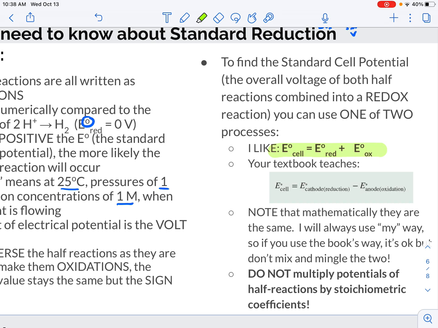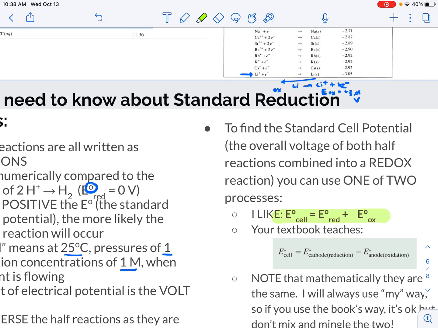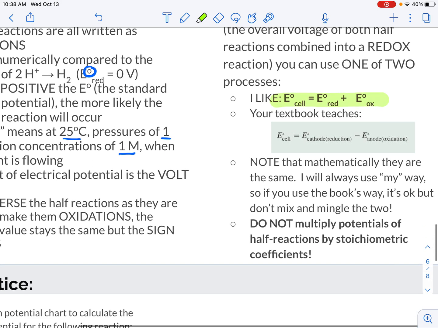I like to pick the reduction, change the other one to an oxidation by rewriting the reaction and changing the potential to something called an oxidation potential, like I showed you here. Okay, so this right here would be an example of how to write it as an oxidation and determine the oxidation potential. Your textbook teaches it as the reduction potential and then add them together, sorry. So the reduction potential plus the oxidation potential gives you the overall cell potential.